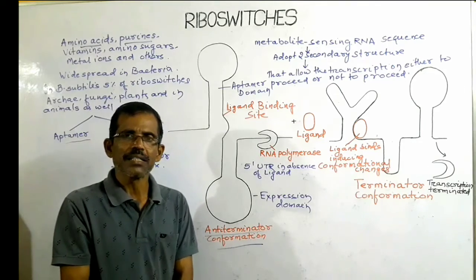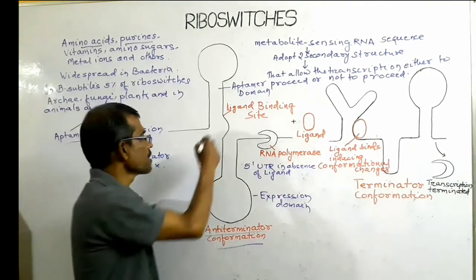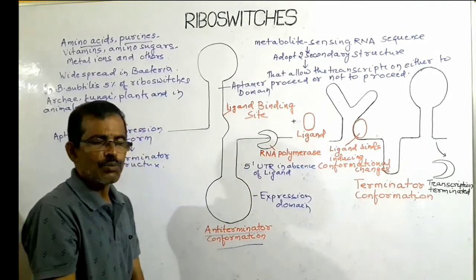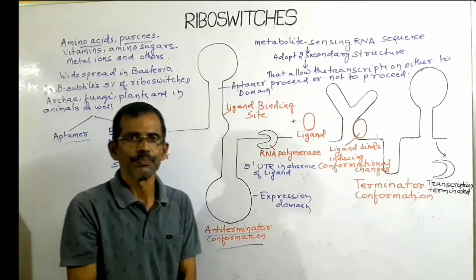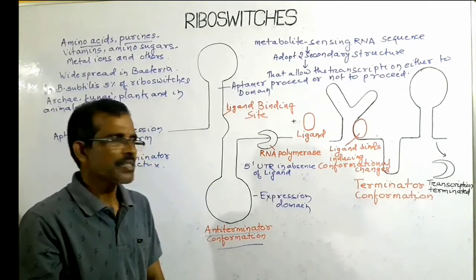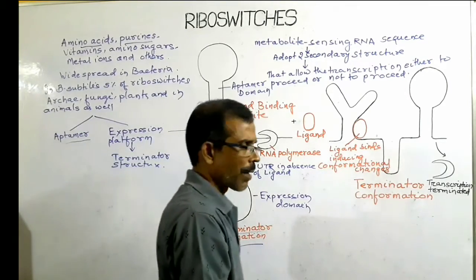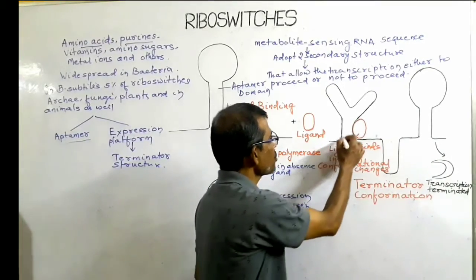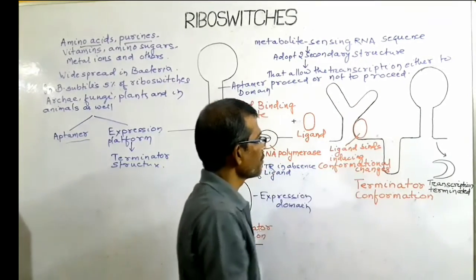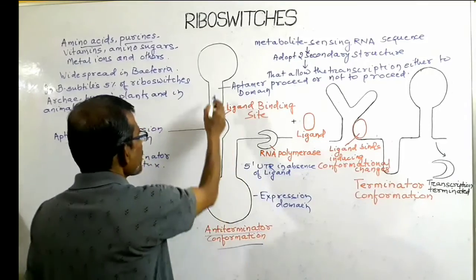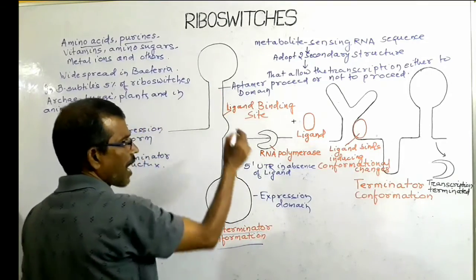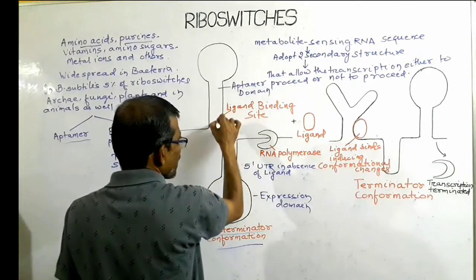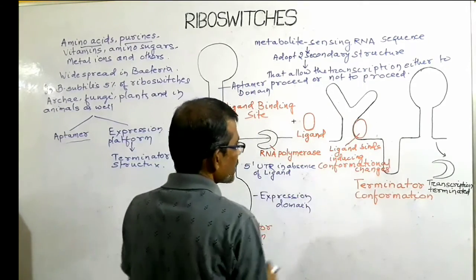When the ligand is absent, this 5' untranslated region assumes a default conformation. But in the presence of ligand, the binding of ligand induces a conformational change in the aptamer domain. You can compare the conformation of the aptamer domain before and after binding with ligand.